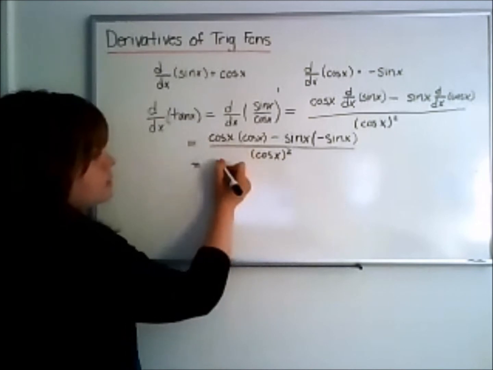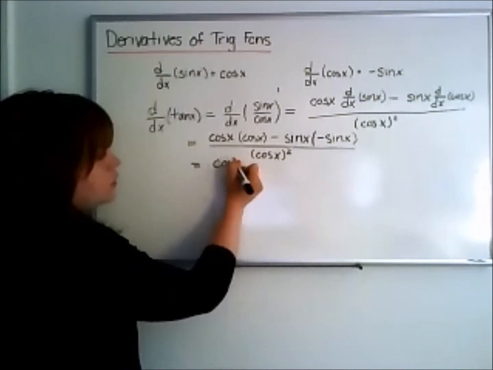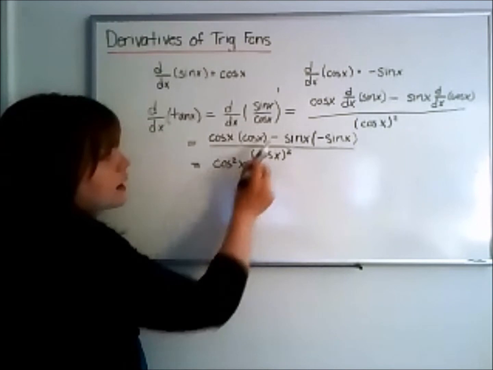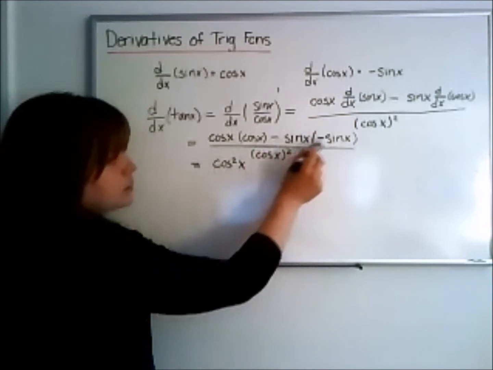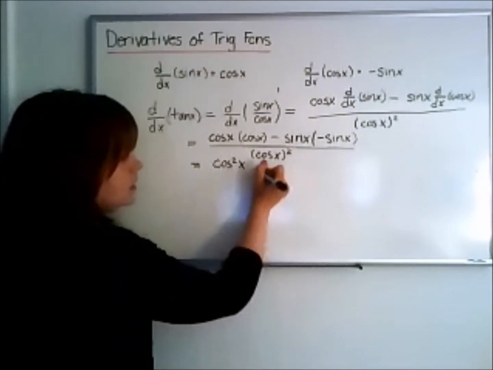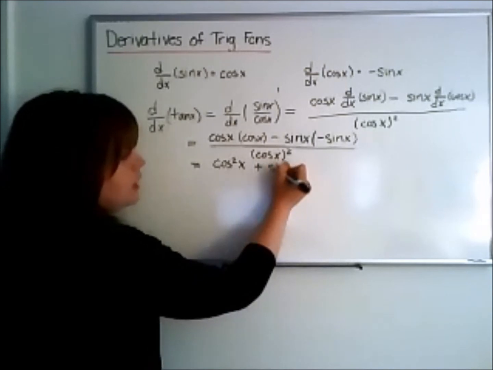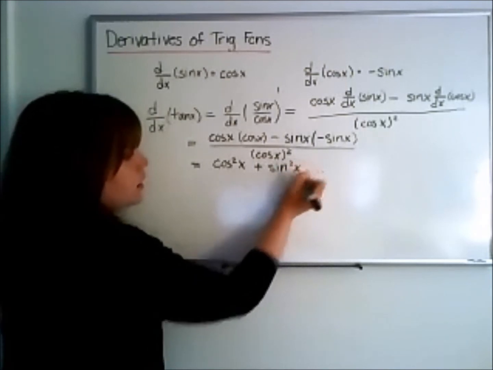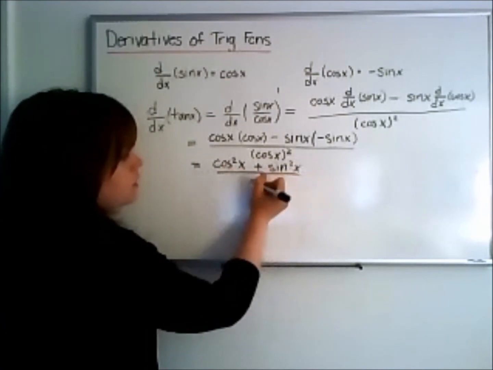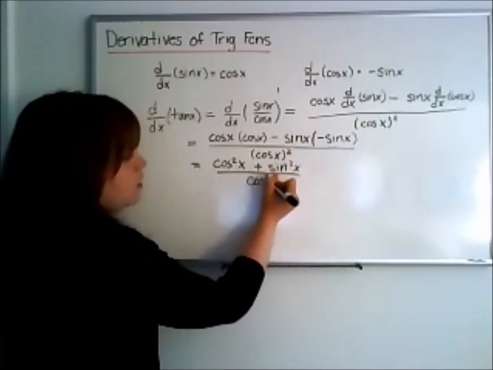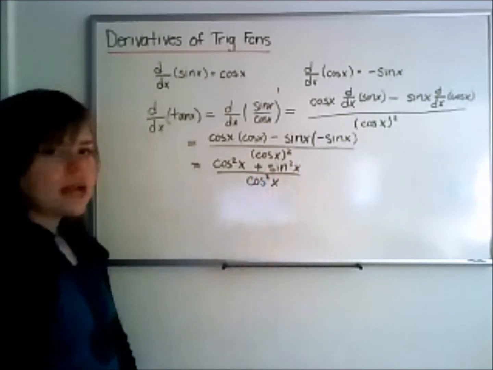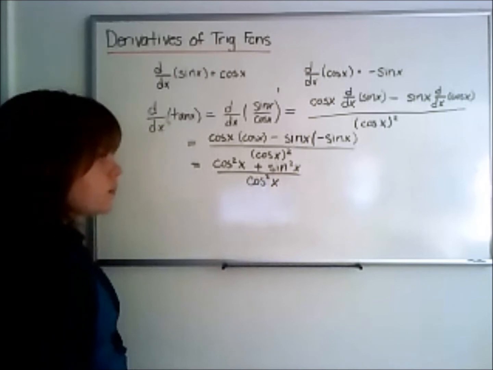So cosine of x times cosine of x is cosine squared of x. A minus sine of x times a minus sine of x makes that positive, and we have a sine of x squared, and again all over cosine of x, the quantity squared.